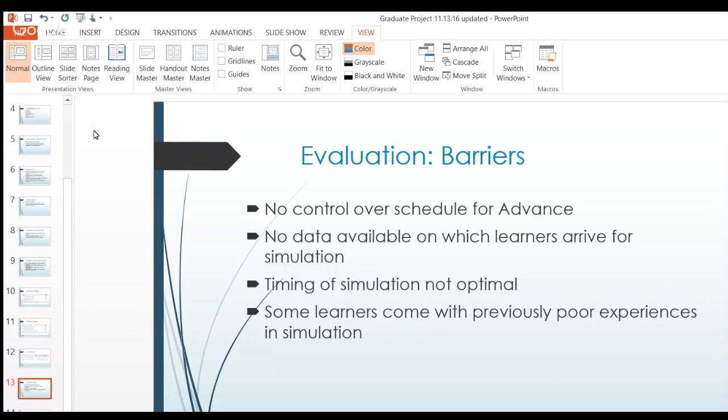The timing of simulation is not always optimal for the learner, and some learners actually come to the simulation experience with previously poor experiences during nursing school. I felt like the nurse educators, or the simulation educators, did an excellent job of adjusting to these barriers, and were able to help bring me in to be a part of the process for addressing some of these issues.